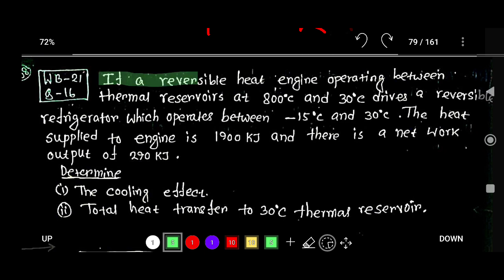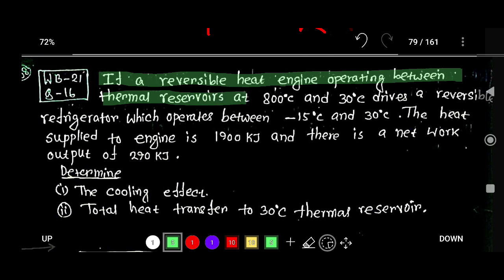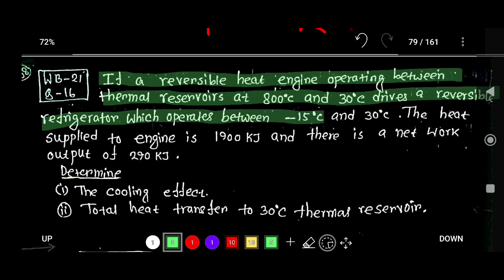A reversible heat engine operating between thermal reservoirs at 800 degrees Celsius and 30 degrees Celsius drives a reversible refrigerator which operates between minus 15 degrees Celsius and 30 degrees Celsius.